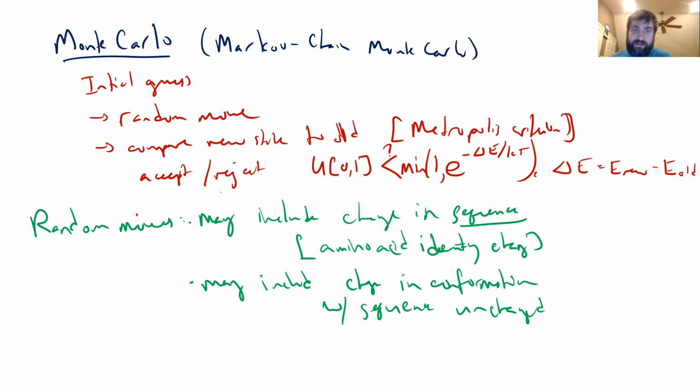There's no reason that we can't simply introduce the idea that the random moves may allow us to change the identity of an amino acid as well as the conformation.